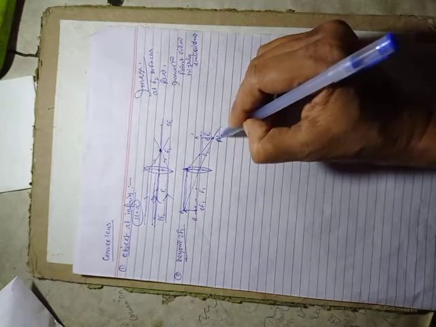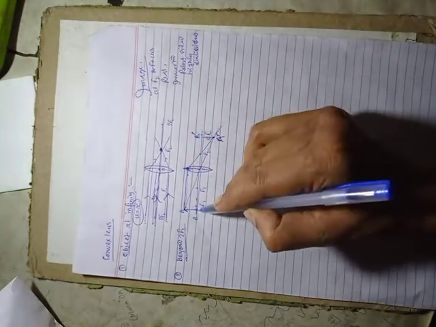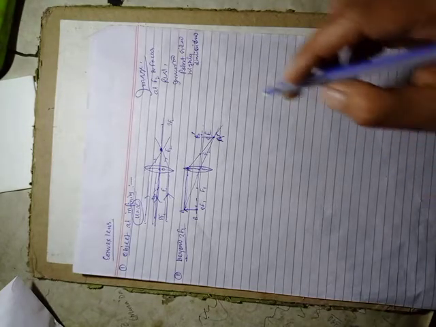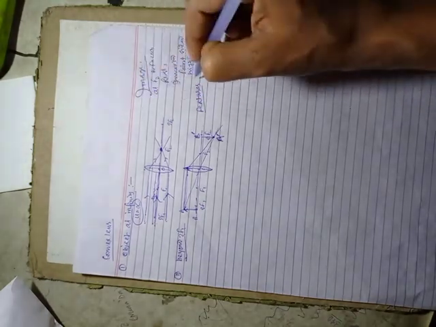Okay, I think you understand. That will be A dash and that will be B dash. See, A is coming from here, so B will be here. What will be the features of the image?